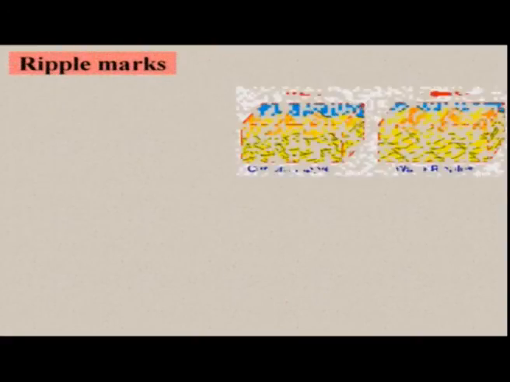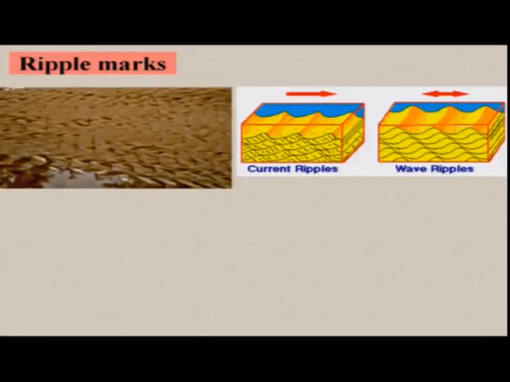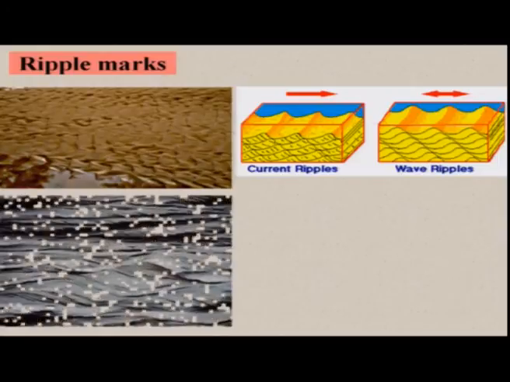Then we have ripple marks, which, as I was saying, indicate the depositional environment at different locations. On the surface you will be able to see this type of feature because of the oscillation of water in the region.